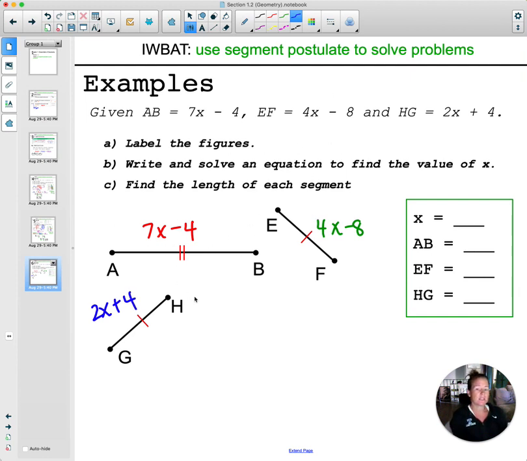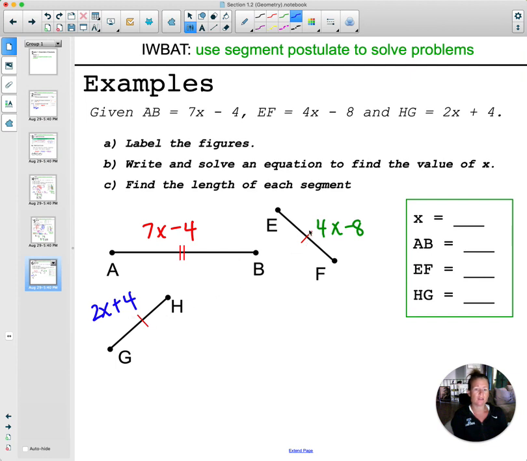Now this one is different because we don't have any segments chunked up. We've got multiple segments that aren't touching each other. So if we take a look and analyze these diagrams, we hopefully see something that we talked about: tick marks. We've got 1 tick mark here, 2 here, and 1 here.